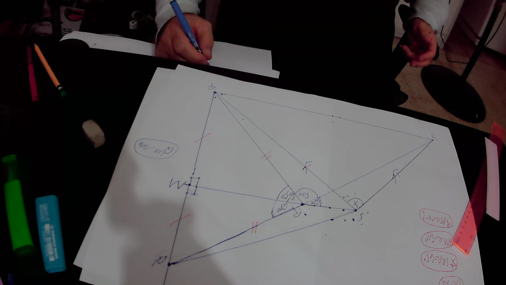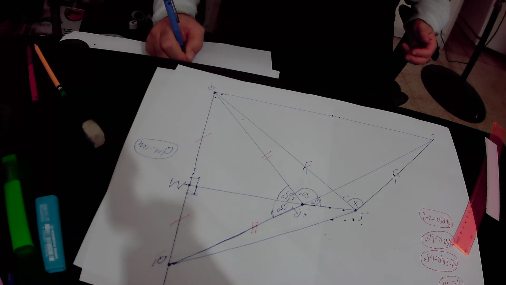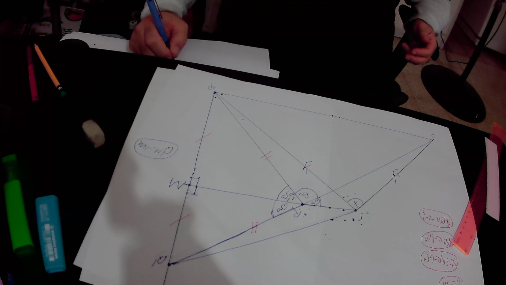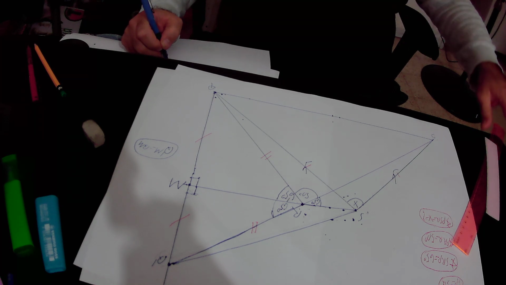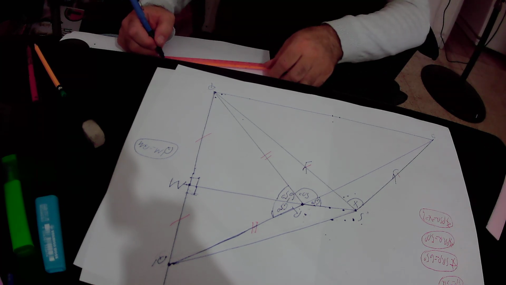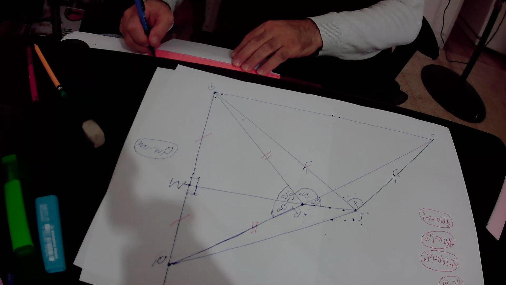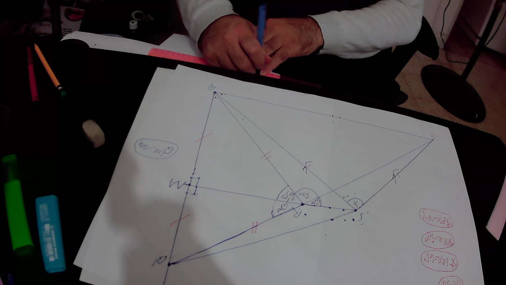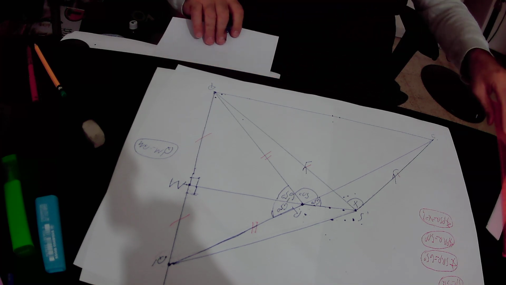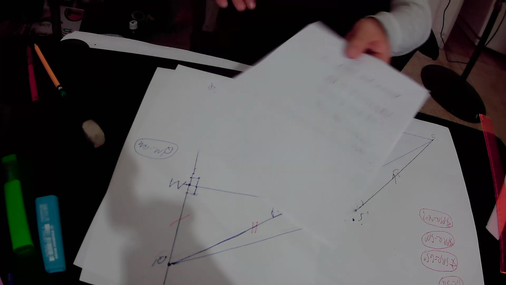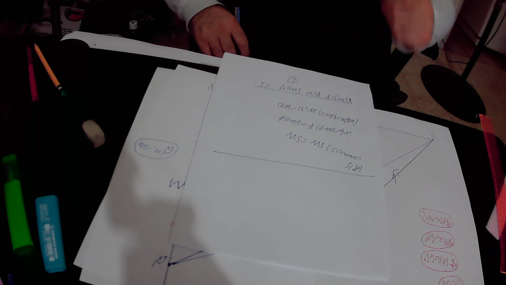So we can write down that MS equals MS as a common side that belongs to both triangles.